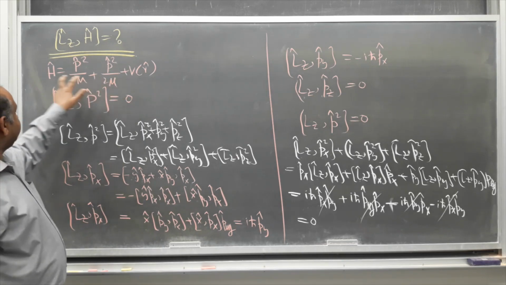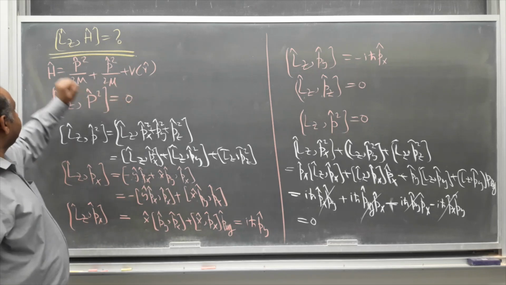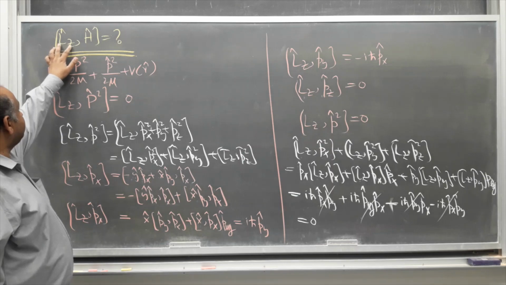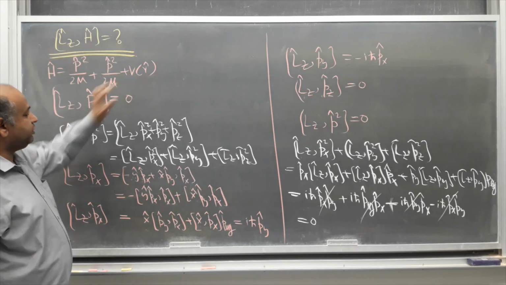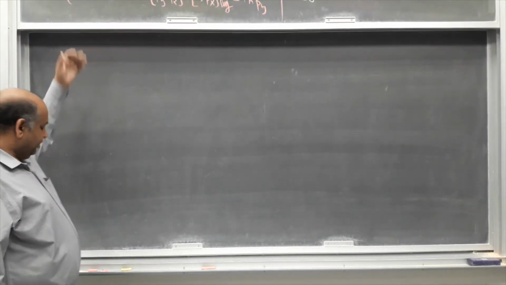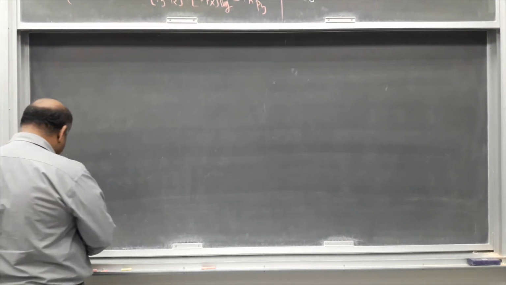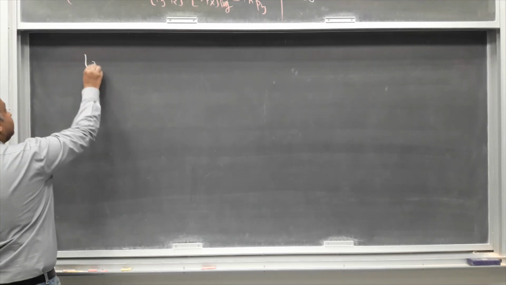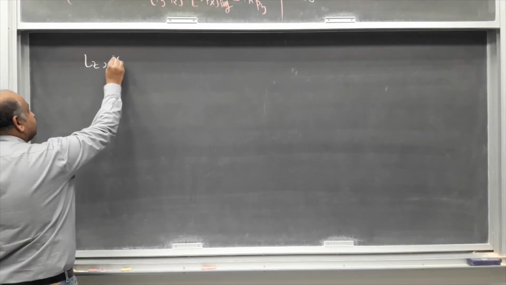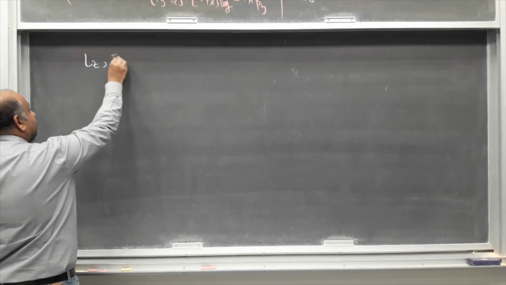Let's now see if the orbital angular momentum component commutes with this potential term. For this, we really have to show what's the commutator between Lz and, let's say, this magnitude of vector r.